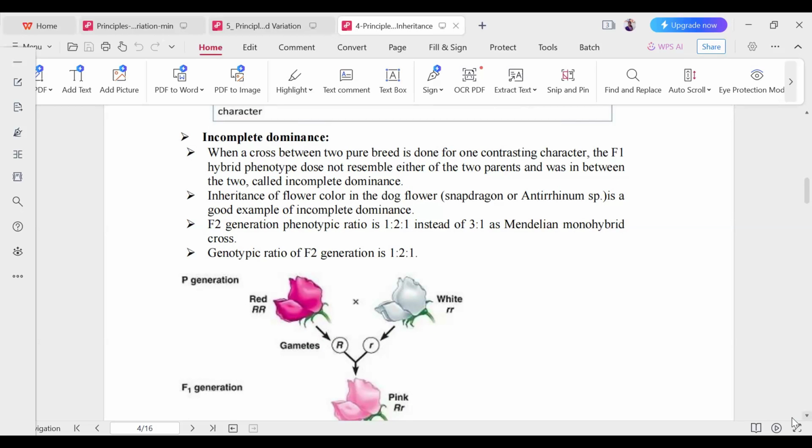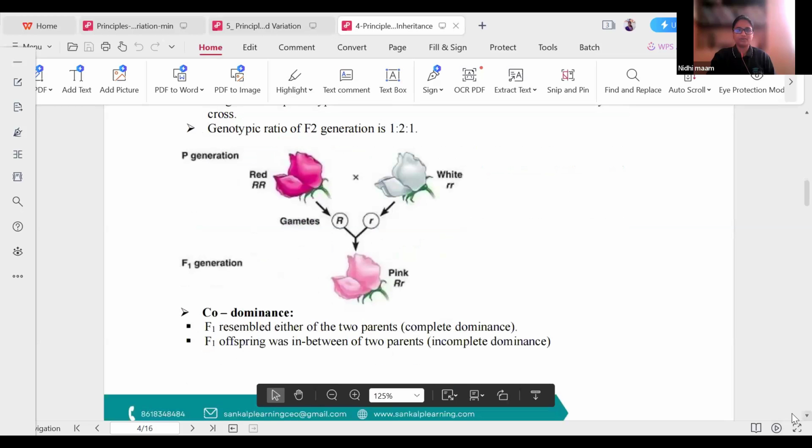Inheritance of flower color in the dog flower, snapdragon, or Antirrhinum, is a good example of incomplete dominance. F2 generation phenotypic ratio is 1:2:1 instead of 3:1 as in Mendelian monohybrid cross. Genotypic ratio of F2 generation is 1:2:1. Okay, thank you, Shri Suresh.